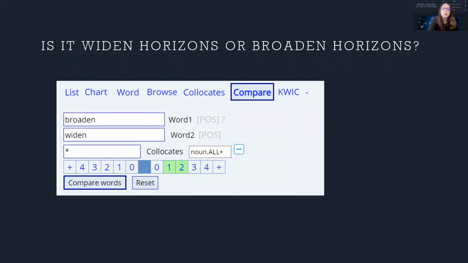Okay, so I'm not too sure. So to answer this question, once again, you can do a comparison search. So you just pop in the words. Collocates, I used a noun because horizons is a noun. That's why. And I only want two words behind because that's the one that gave me the best results and the most easy to understand data.